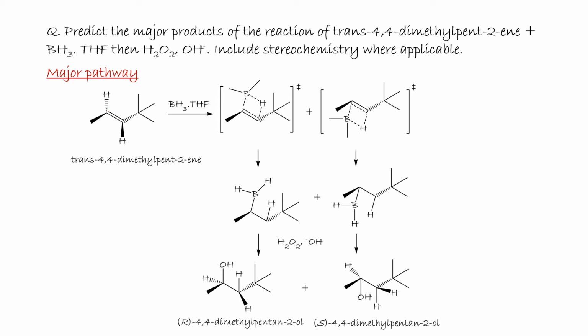Now, the borane will add in what we call syn addition. So either the H and boron will come from the top, or from the bottom, and they will be in the plane of the screen.